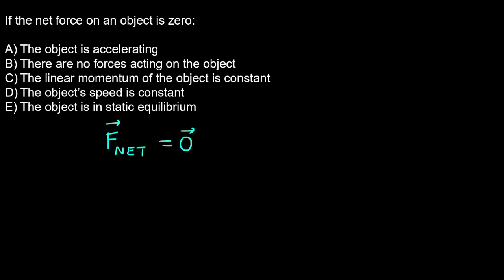And the linear momentum of the object is constant. So this is true because the force is the change in linear momentum. So the correct answer is C. And the object's speed is not necessarily constant if the mass is not constant.